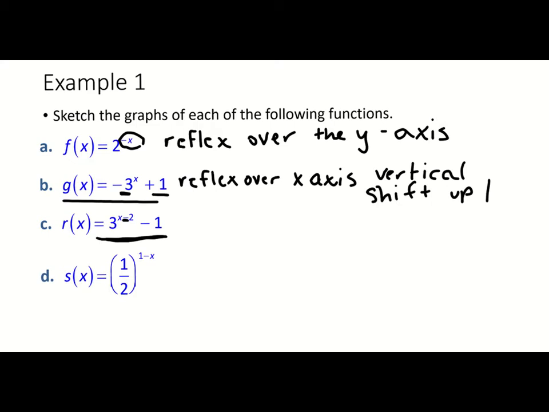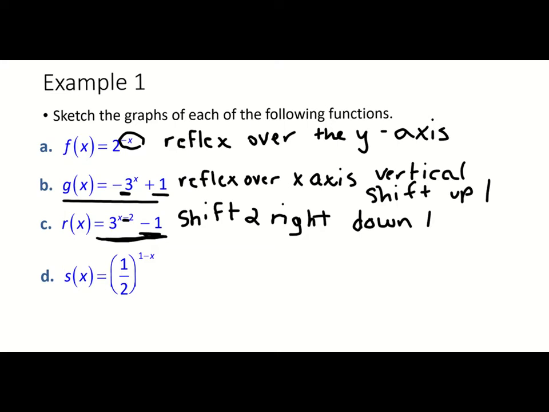And because it's minus 2, remember, it's actually the opposite of what we think. So we're going to shift 2 to the right. And then we have the minus 1 there on the outside of that. So then we're also going to go down 1 from the original 3 to the x power.